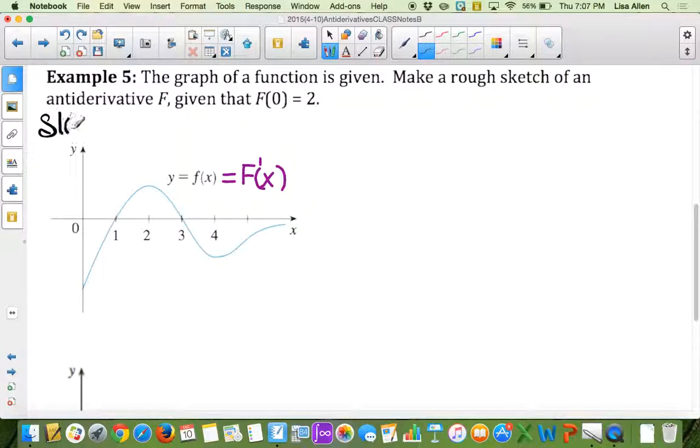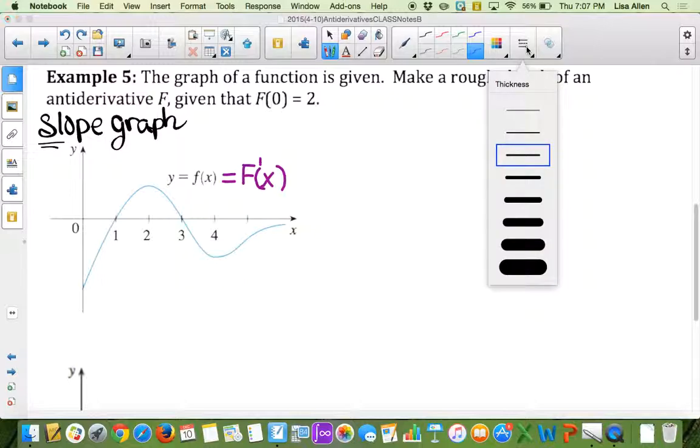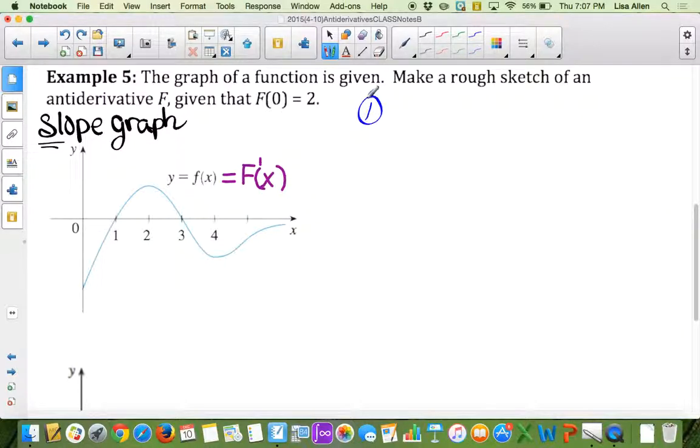So you're going to go, ooh, capital F prime is the slope of capital F. So the first thing I'm going to do is start out with information that I'm pretty convinced I've got something to start with. Number one, I'm using this information that capital F of 0 on the antiderivative graph is 2.